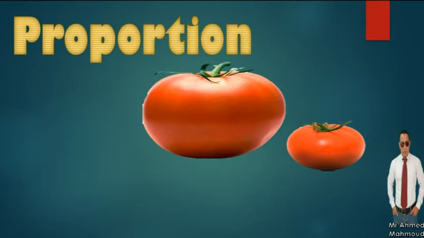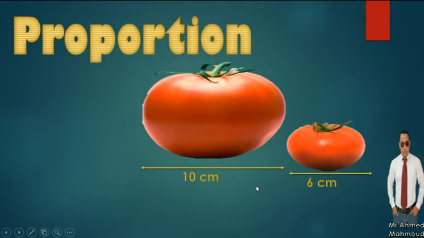By comparing the lengths of the two pictures, the length of the first one is 10 and the length of the second one is 6 centimeters. And by comparing their widths, the width of the first is 5 and the width of the second is 3. Now I will compare the length to the length and the width to the width like this.